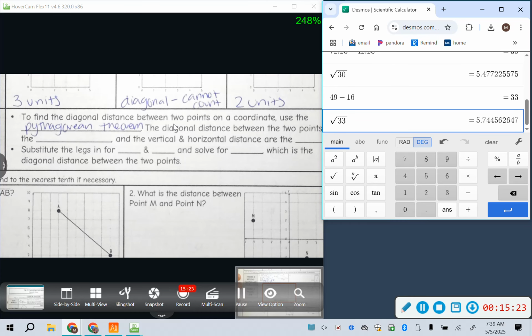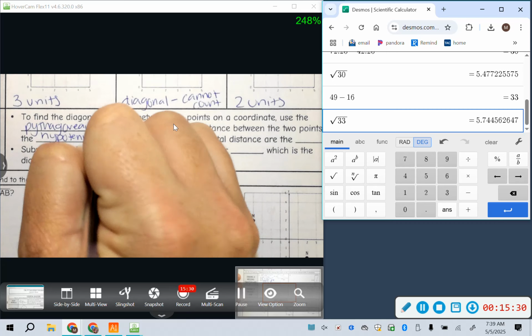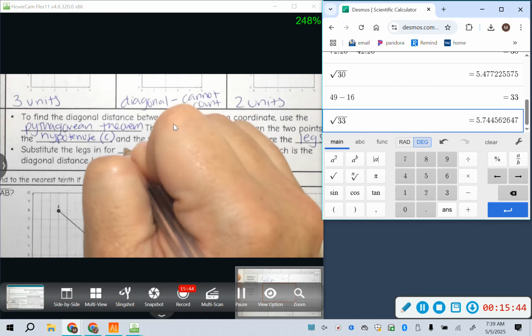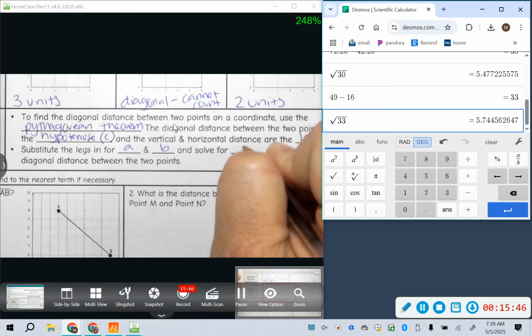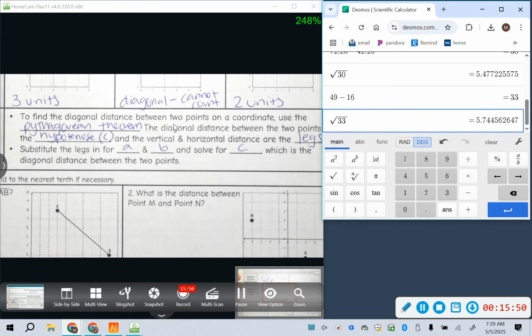The diagonal distance between the 2 points is the hypotenuse, which is our side C. And the vertical and horizontal distance are the legs. Substitute the legs in for A and B and solve for C, which is the diagonal distance between the 2 points.